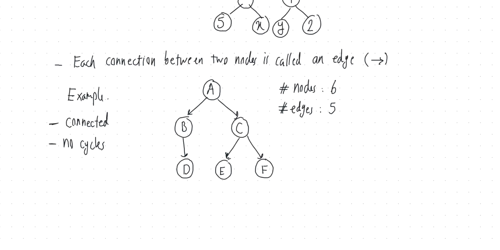Okay, now an example of a cycle, imagine that you have four nodes like this, A, B, C, and D. Okay, now if I add an edge here between B and C, then I have a cycle here from B to A to C to B. That's a cycle, and that is not allowed in a tree. Or another example would be something like this.